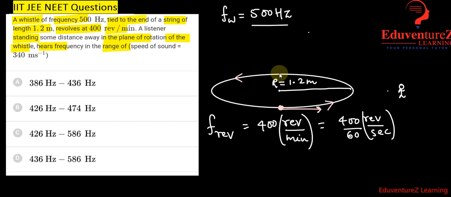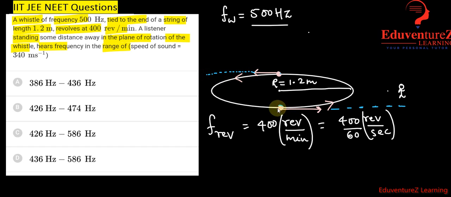And if the whistle is diametrically opposite at this point, then the sound produced is going in this direction. So for this case the sound velocity is in the direction of the person, and in this case the sound velocity is opposite to the direction of the person.